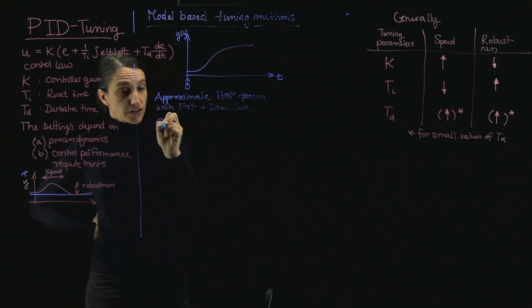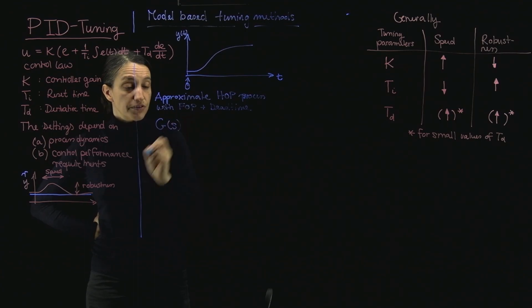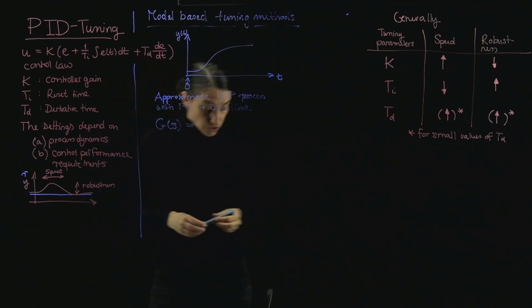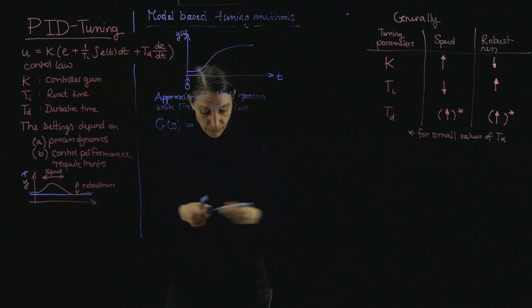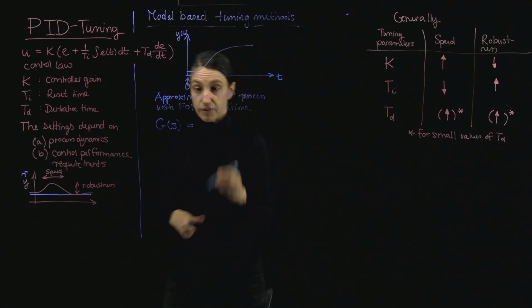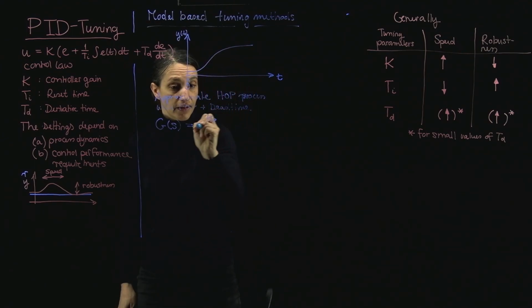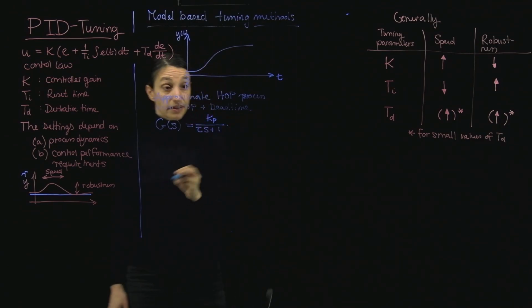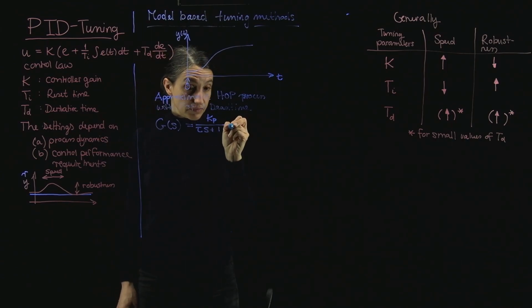So the transfer function of this approximated process will be G(s) equals a first order process function Kp divided by (Ts plus 1), times e to the minus sL.